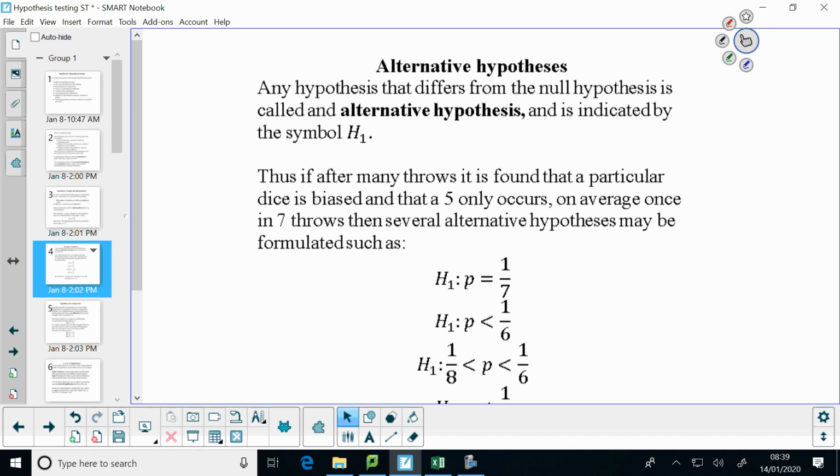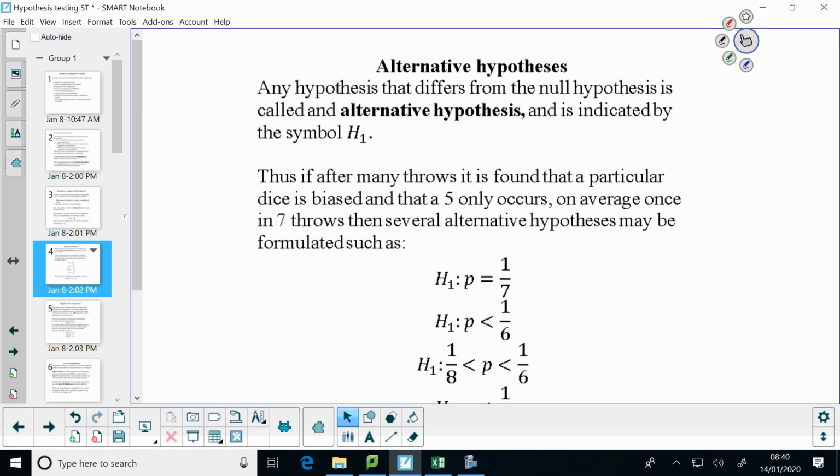Thus, if after many throws it is found that a particular dice is biased and that a 5 only occurs on average once in 7 throws, then several alternative hypotheses may be formulated, such as H1: P is equal to 1/7, so there you'd be saying the probability of getting a 5 is 1 in 7.